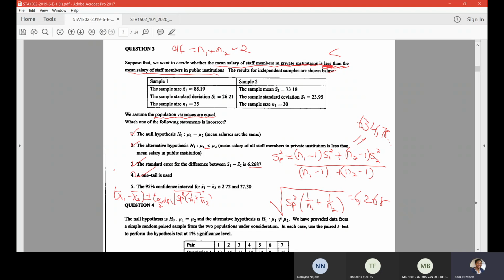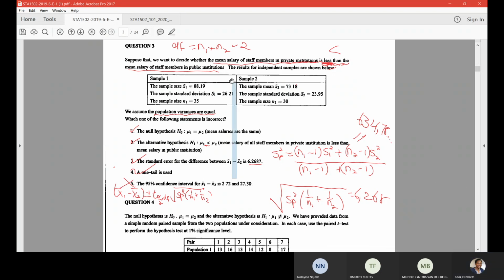You already calculated this and found it was 6.2, so you just substitute there. You go and find your critical value on the table, then subtract 88 minus 73 and calculate and see if you get those two answers. But then this was supposed to be our incorrect answer.